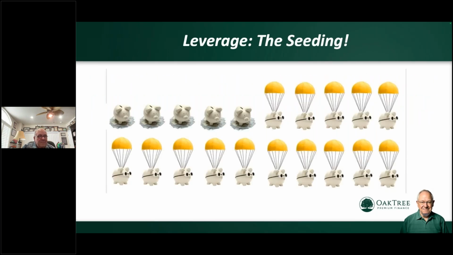So here's the seeding on Kaizen. You're seeding it with debt. And the debt is what is going to do wonders for you. You have 5 payments. That's the top left piggies.